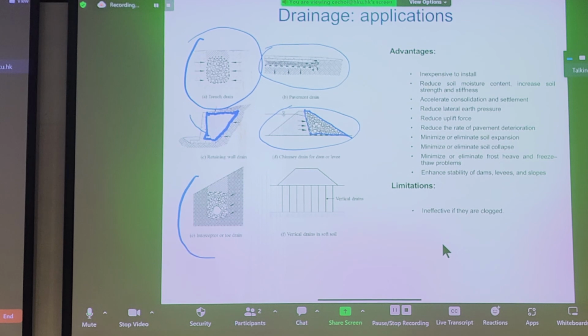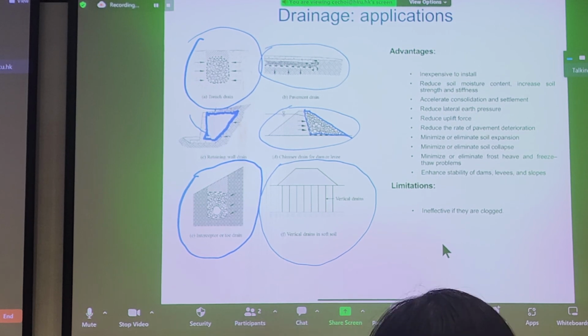Interceptor or toe drains is what we use for slopes as well. We often can install these at the crest or at the toe of a slope to control excess pore pressures. And the one we're most familiar with is the use of PVD drains to dissipate pore pressures for land reclamation. So these are applications of drainage.